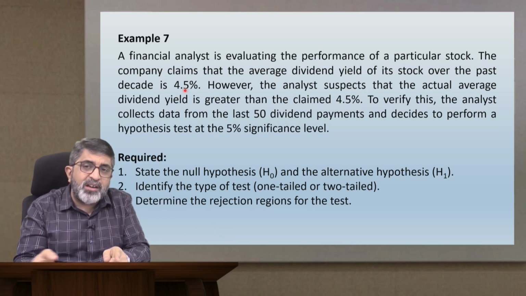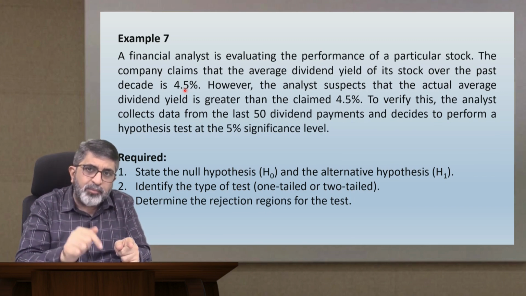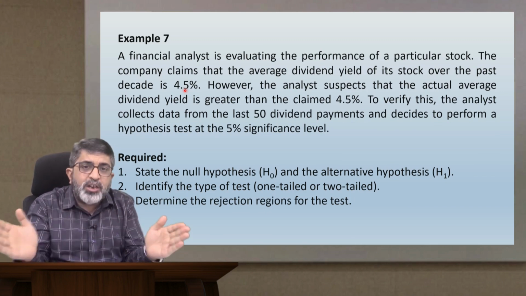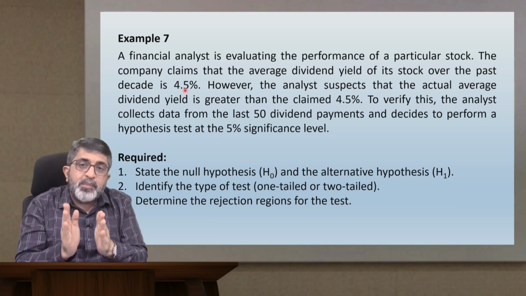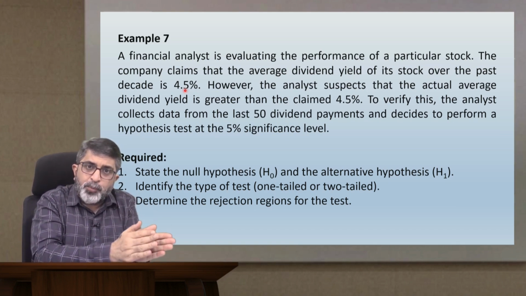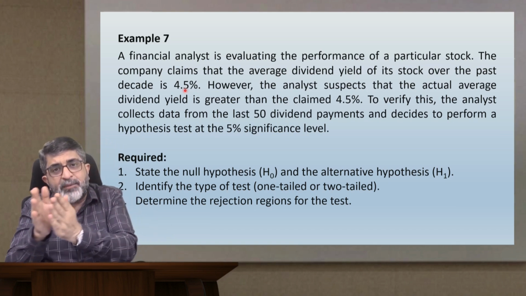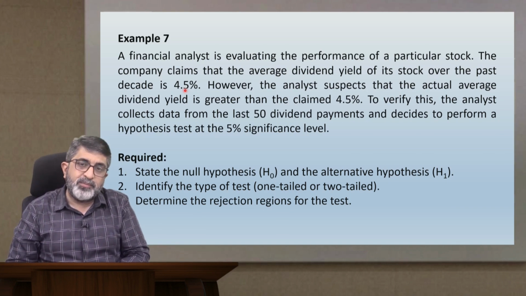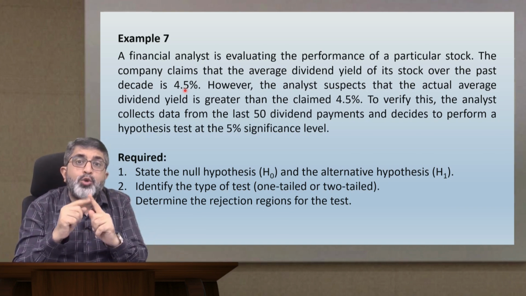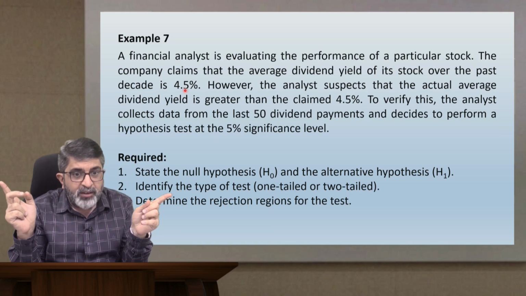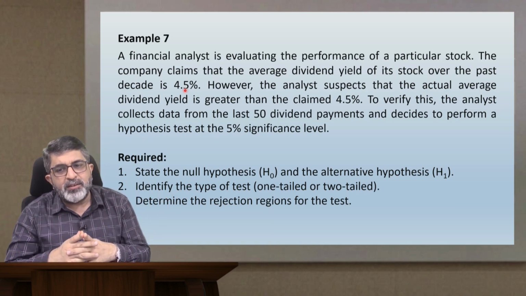When a generalized statement like that comes, that dividend yield is not equal to 4.5%, means it could be greater than 4.5% or it could be even less than 4.5%. That means it will result into a two-tailed test. Correct? It will result into a two-tailed test.